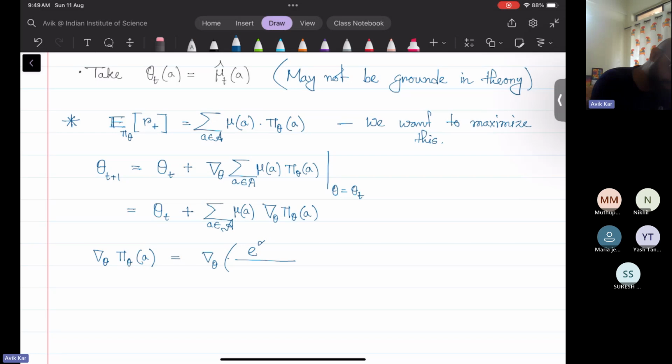It is e raised to alpha theta a divided by the summation of e raised to alpha theta b. Sorry, here there is no t step, just theta a and theta b.